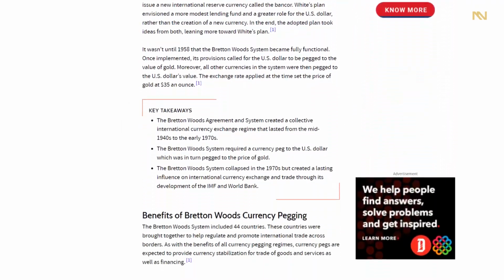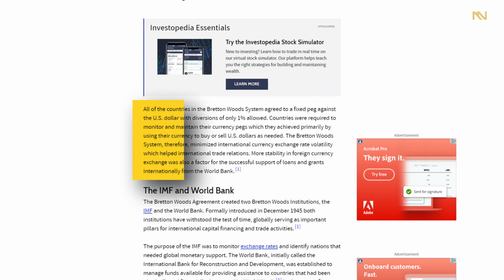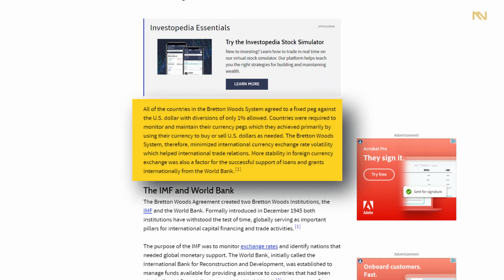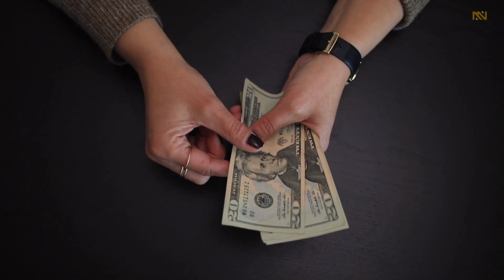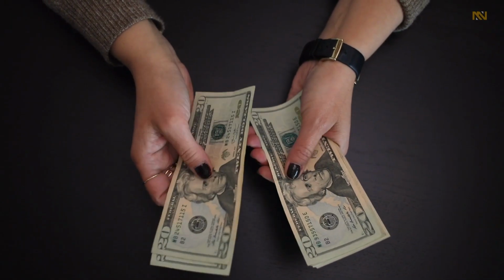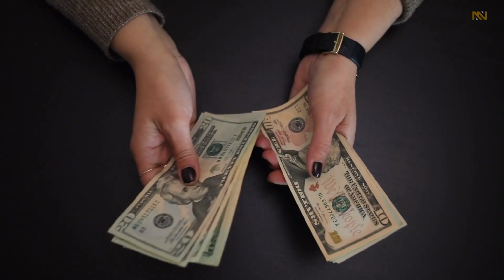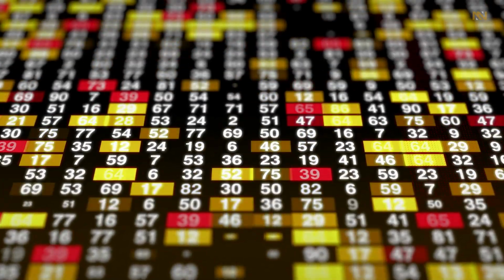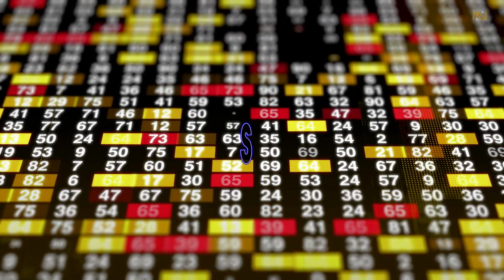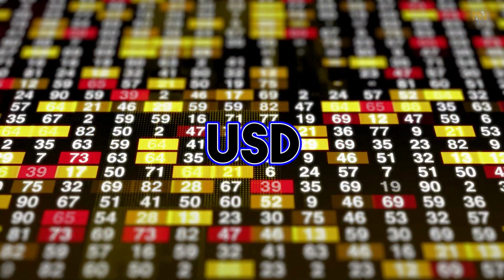Then the Bretton Woods Agreement was made and established the US dollar as the world's reserve currency. With this agreement, it is stated that all international transactions happening with the USA will happen in US dollars. This gave a huge push for the dollar price compared to any other currencies in the world because a country's international reserves would be in US dollar format, which was some billions of dollars.